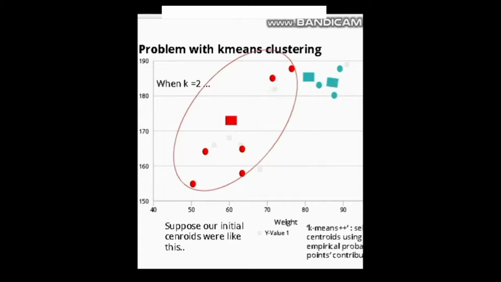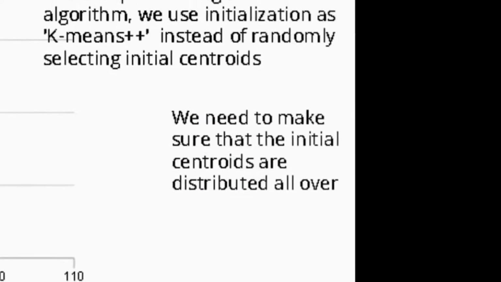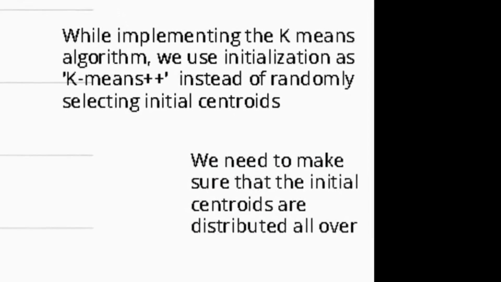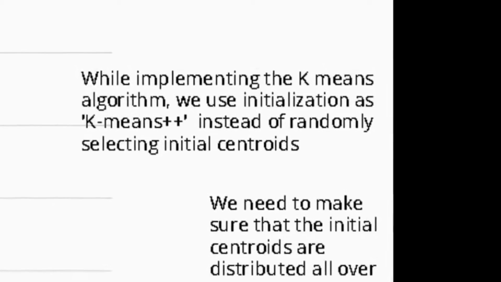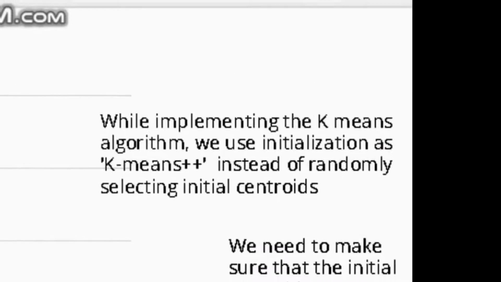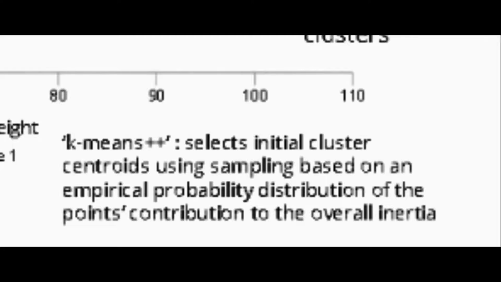So we need to make sure that our initial centroids are distributed all over the data. Thus, while implementing the k-means algorithm, we use initialization as k-means++ instead of randomly selecting initial centroids. K-means++ selects initial centroids using sampling based on the probability distribution of points.